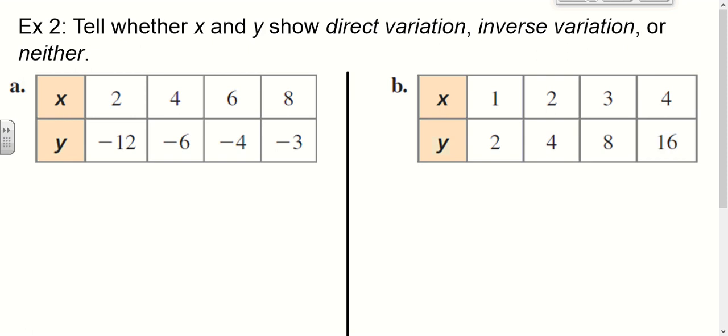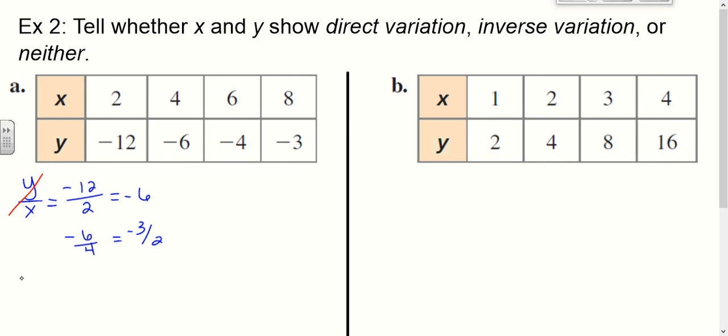So if I take first y divided by x, which is coming from my direct variation formula, and try that with each of these, negative 12 divided by 2 gives me negative 6. If I take negative 6 divided by 4, that gives me negative 3 over 2. Those are not the same. So that right there alone tells me it is not direct variation.